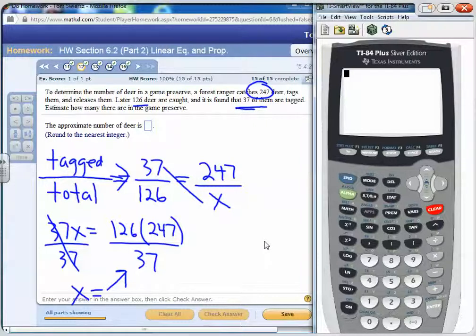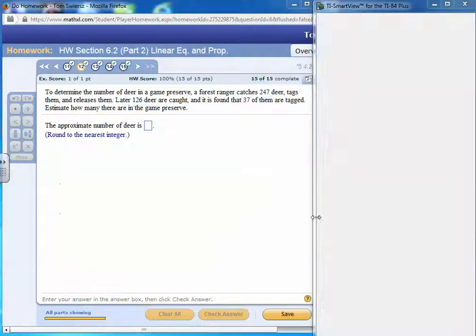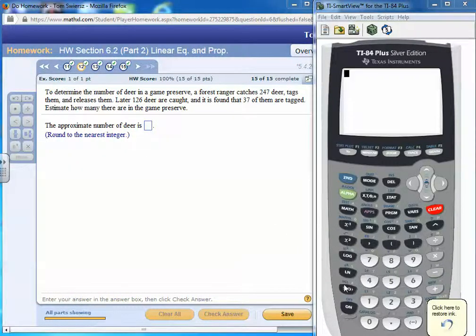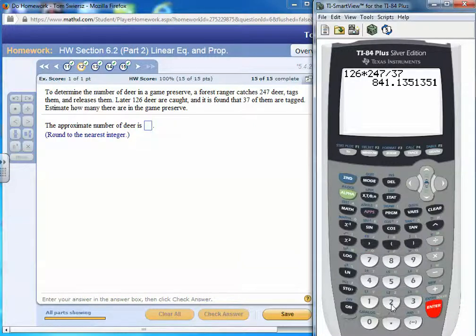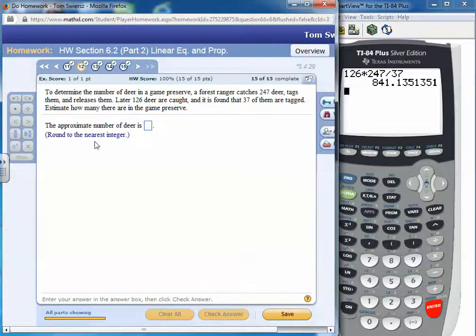So we have 126 times 247 divided by 37. You can do it all in one step. 841.135, round to the nearest integer.